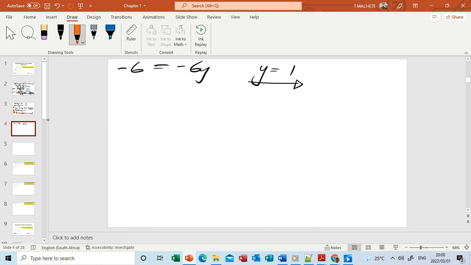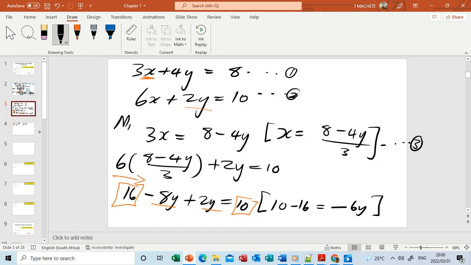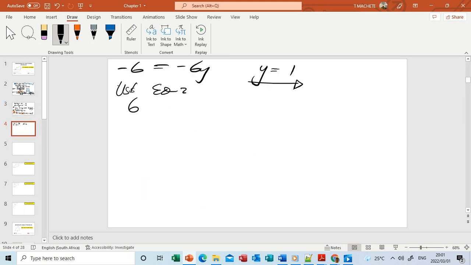Number 2. So we're going to use equation 2: 6x plus 2y equals 10.